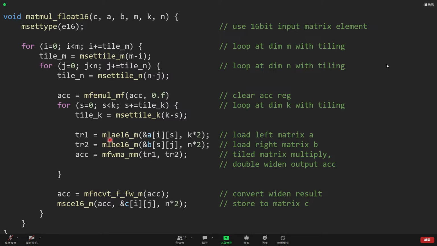The first one, MLAE, will load a tile A from the left matrix to a tile register, and the next instruction will load a tile B from the right matrix to a tile register, and this instruction is the matrix multiplication instruction, which conducts tiled matrix multiplication and puts the results in an accumulator register.